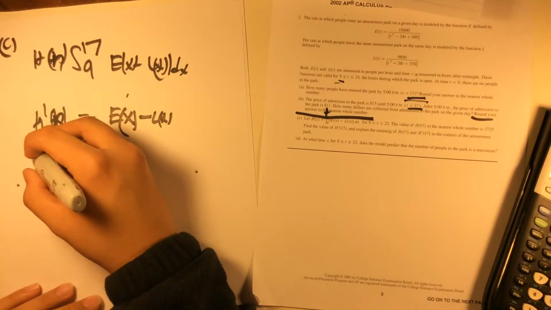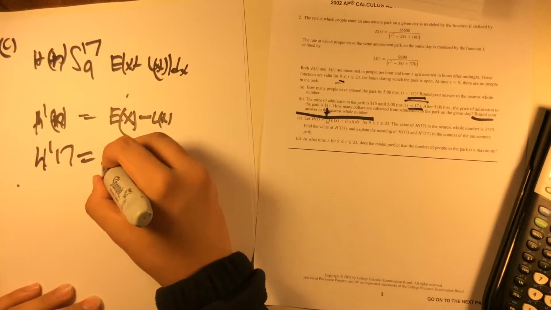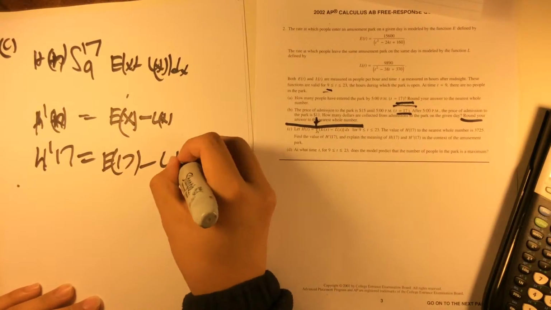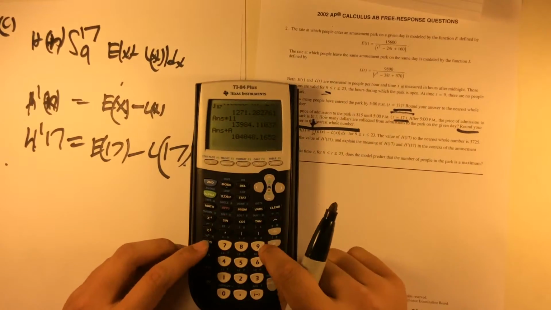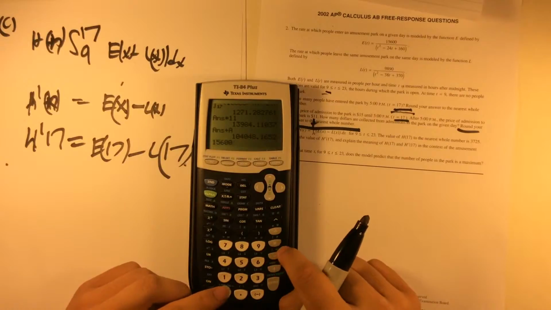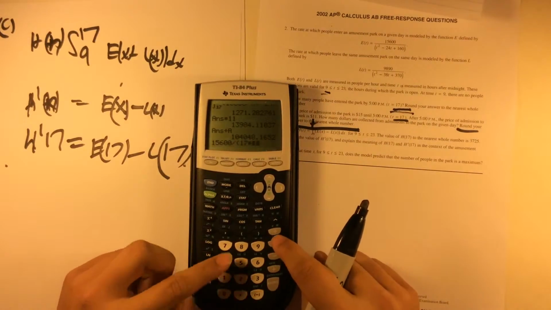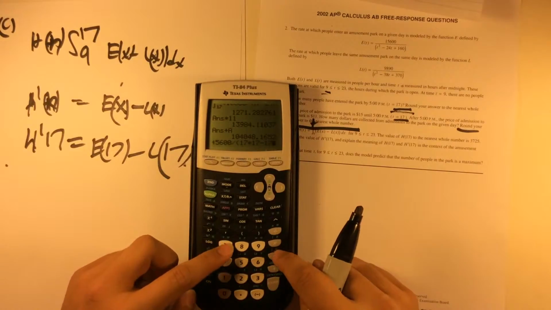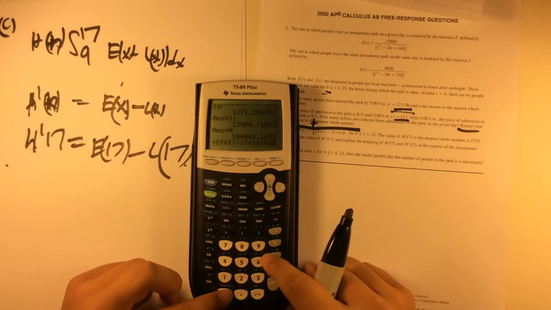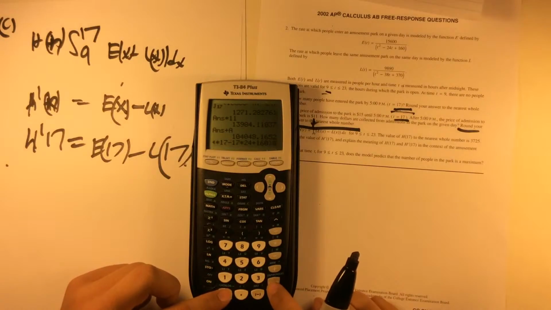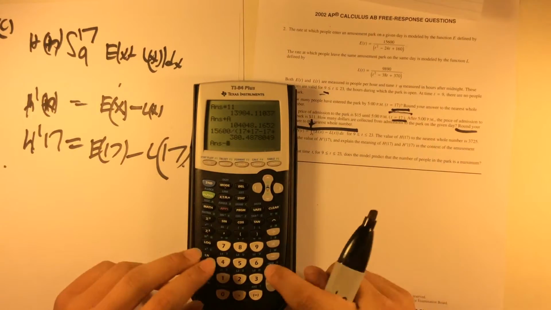Then H prime of 17 equals E of 17 minus L of 17, which with some calculator work is basically 15,600 divided by 17 times 17 minus 17 times 24 plus 160. Then you subtract L of 17 from it.